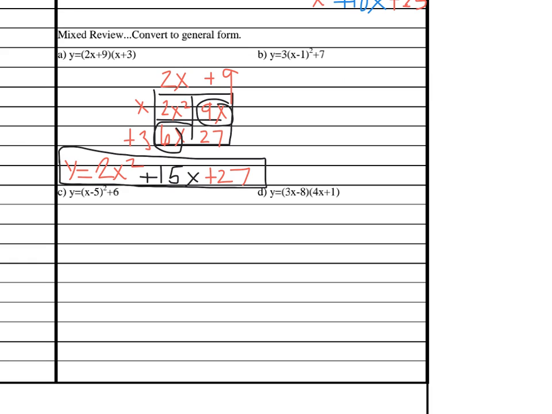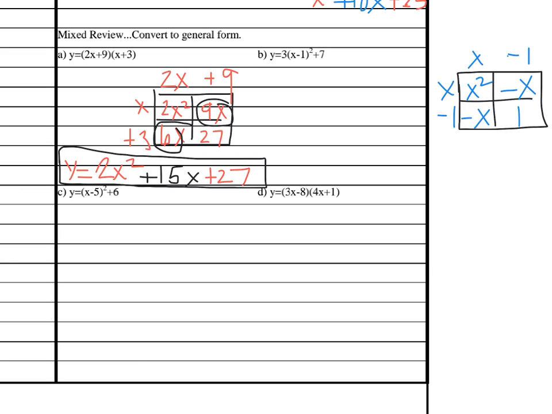Alright, just move this over so I got some more room. I'm going to do my box over here for this next example. And on my box it says x minus 1 squared, so it's the same thing as x minus 1 times x minus 1. X times x is x squared. X times negative 1 is negative x, or negative 1x. Same thing here. Negative 1 times negative 1 is positive 1.